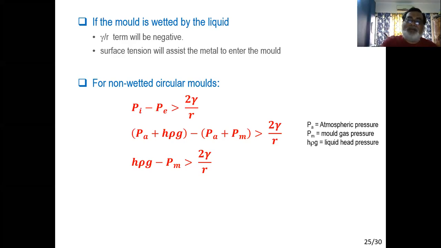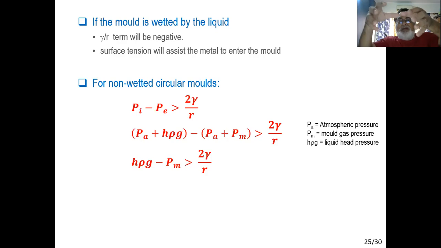So this Pa will be introduced into the mold cavity through the mold, and at the same time there is a Pm, and Pm means mold gas pressure. Firstly, there is air in the empty mold cavity. So as liquid metal enters into the mold cavity, the air inside the mold cavity will offer resistance to the flow of the liquid metal.